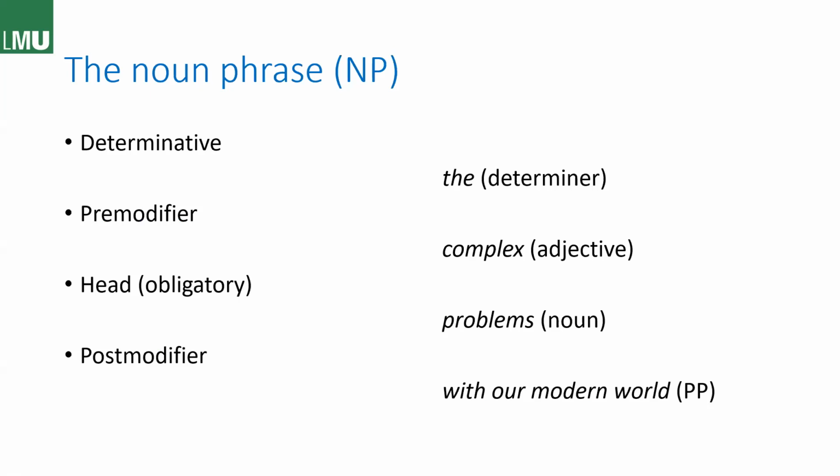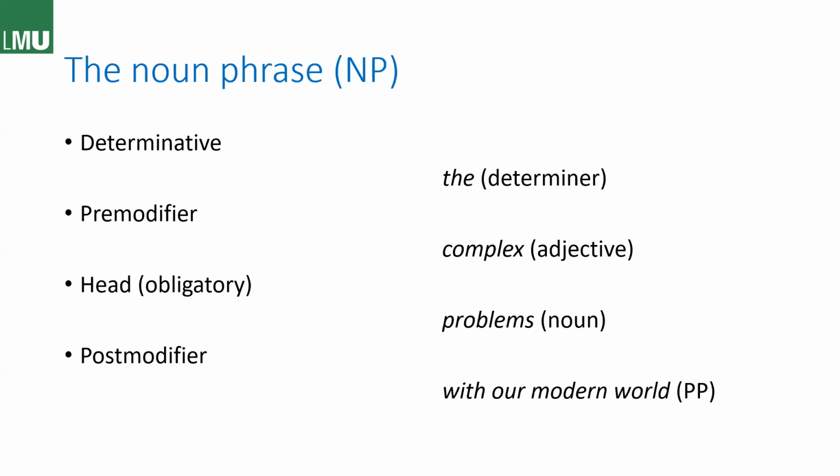For the example I picked, "the complex problems with our modern world," we have a noun as the head, namely problems. The head is further modified by the pre-modifier, which in this case is complex, an adjective. And the head is also further modified by the post modifier with our modern world, which is a prepositional phrase.